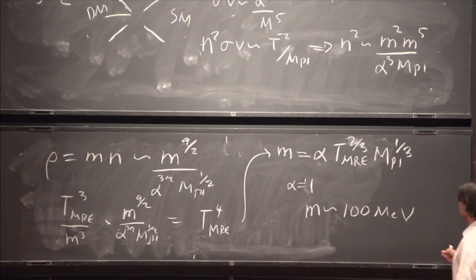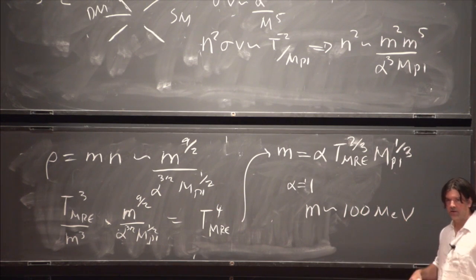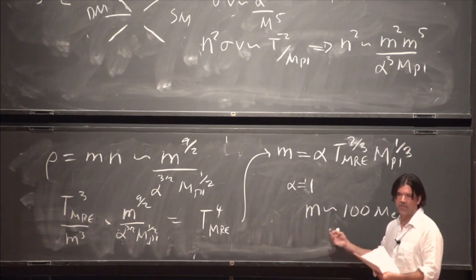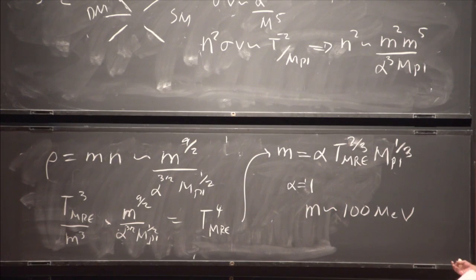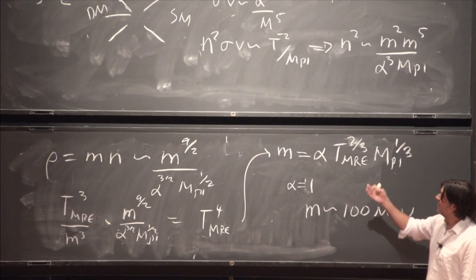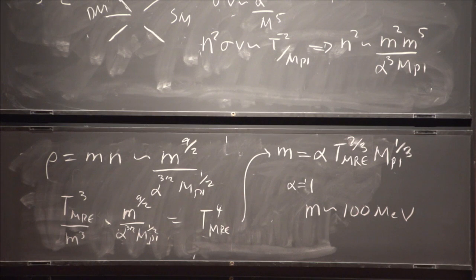This 100 MeV is, of course, very similar to the scale of strong interactions in the standard model, but that doesn't necessarily mean that you're literally talking about this thing having standard model strong interactions, and indeed such models are very hard to build. But it does tell you that a particle that has a characteristic mass scale like this, that annihilates through 3-to-2 processes like that, very naturally can give you the right relic abundance.